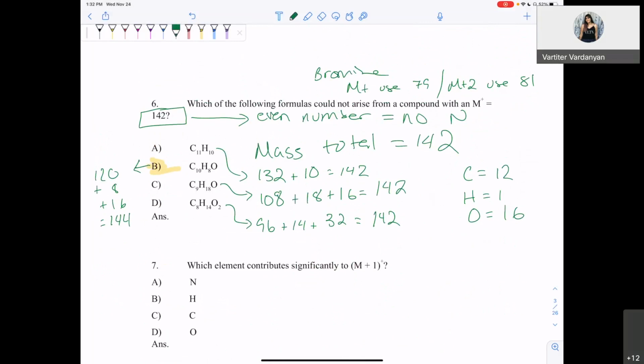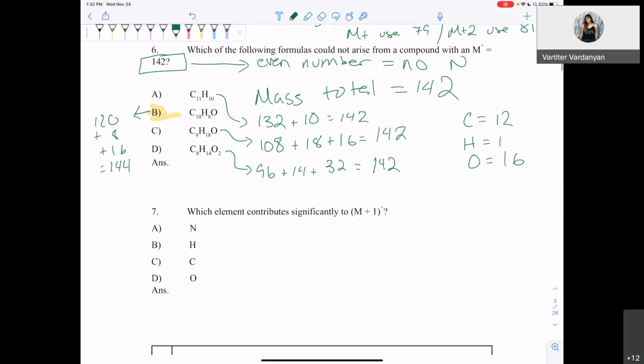Alrighty. So the next question, which element contributes specifically to M+1? So what do we think? Ooh, someone was really quick to say carbon. Yes. Okay, so which one of these is not in M+1 at all? The O, exactly.